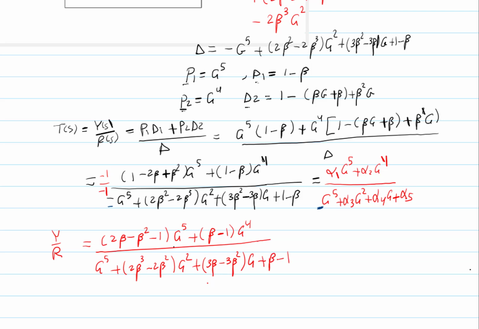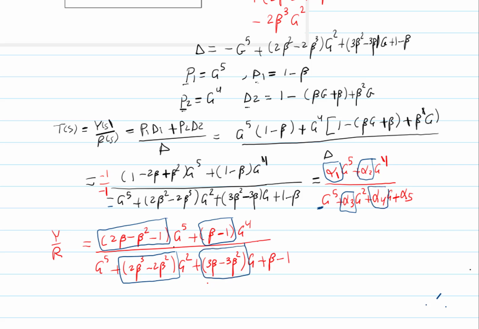So now we can compare. If we compare, we can get that alpha 1 is equal to this equation, alpha 2 is equal to this equation, alpha 3 is equal to this equation, alpha 4 is equal to this equation, and finally alpha 5 is equal to this one.